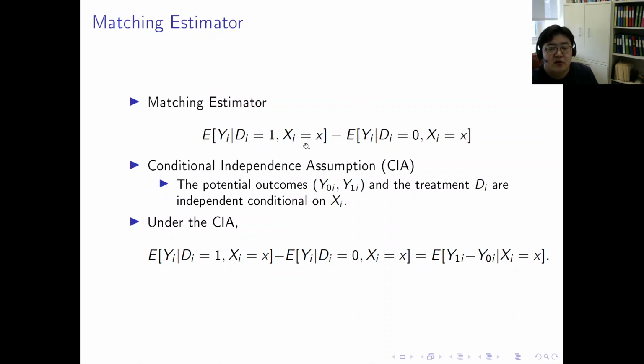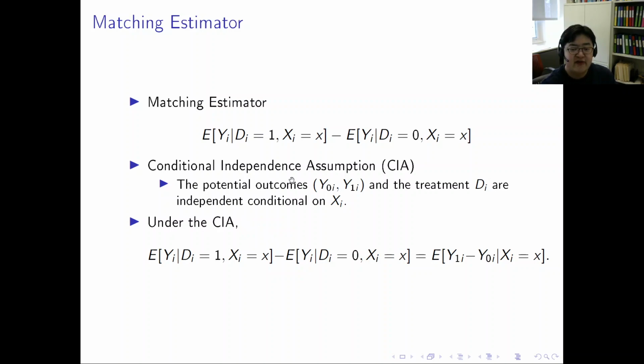And to interpret this difference as a causal effect, we need the conditional independence assumption, which means the potential outcomes are independent of the treatment decision conditional on X. We have studied this assumption several times, and this assumption is to remove the selection bias.